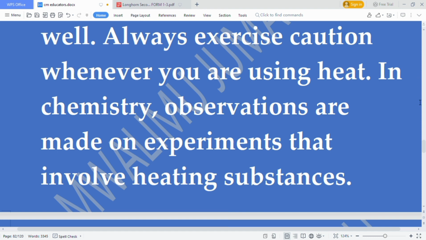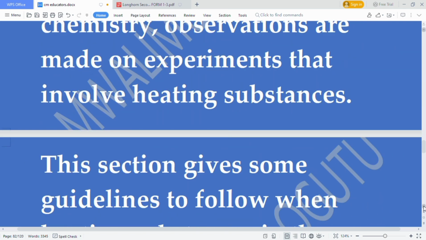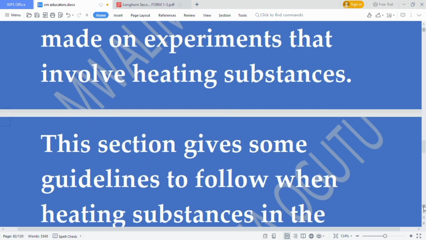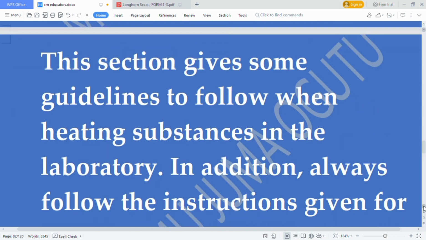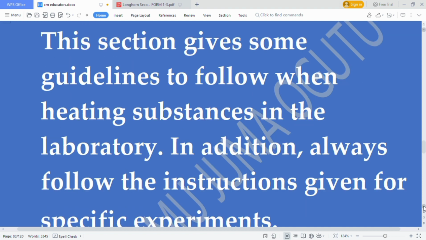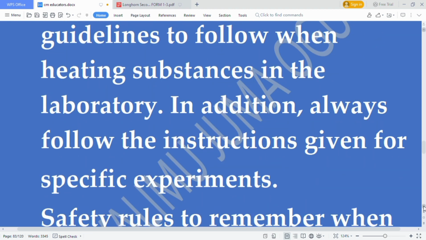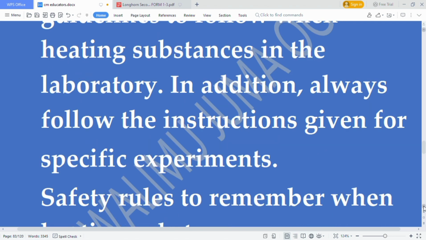This section gives some guidelines to follow when heating substances in the laboratory. In addition, always follow the instructions given for the specific experiment. So, safe rules to remember when heating substances: 1.